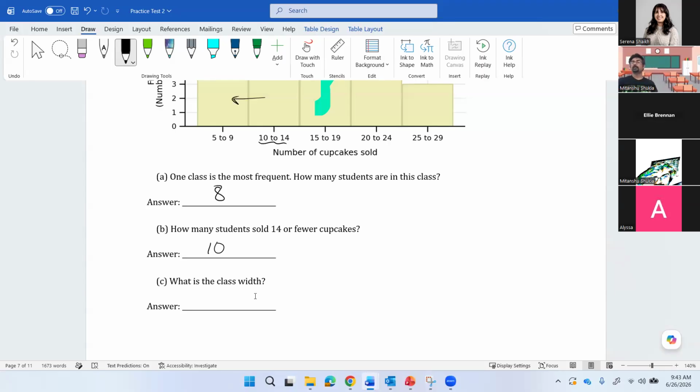But here they've already done that part for us. We need to, from this picture, determine what the class width is, meaning how big is it from the beginning to the end of each of these bars. Does that make sense? Your formula is correct, but in a different context.